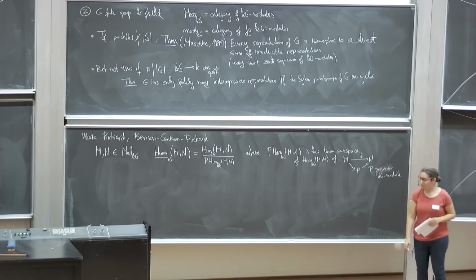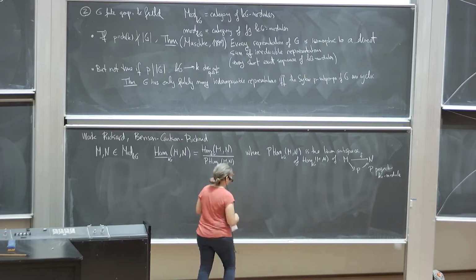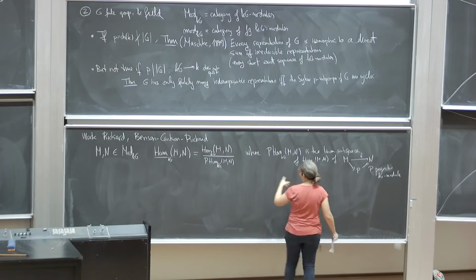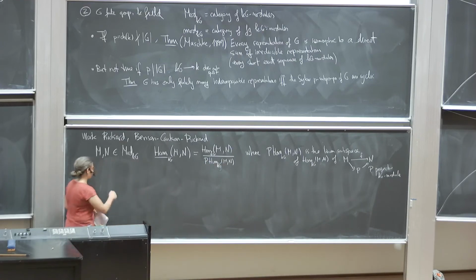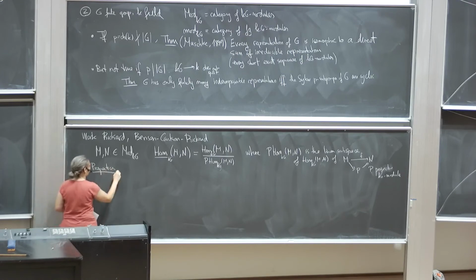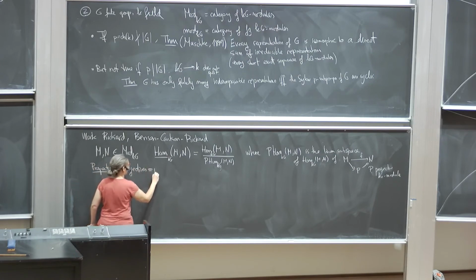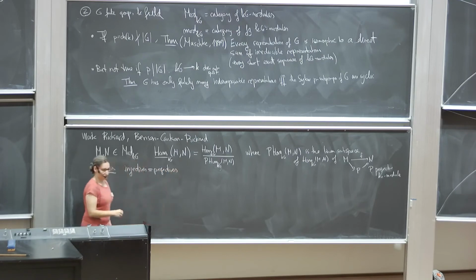Right? And so in fact, let me say some properties of the category of kG modules: in this category, injectives and projectives are the same, and this category has enough projectives and injectives.